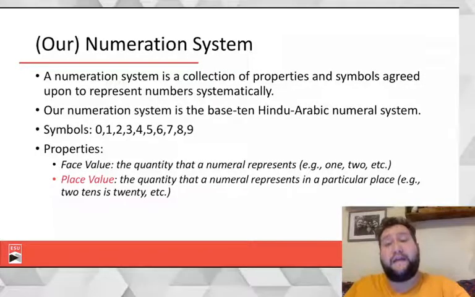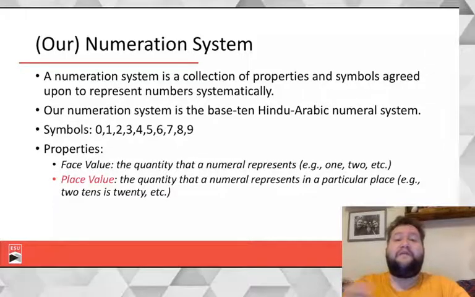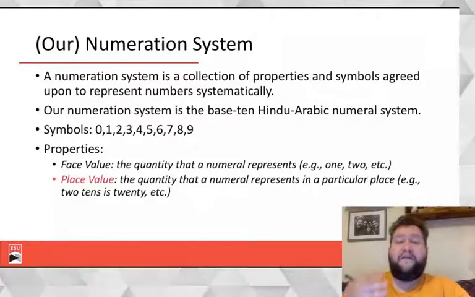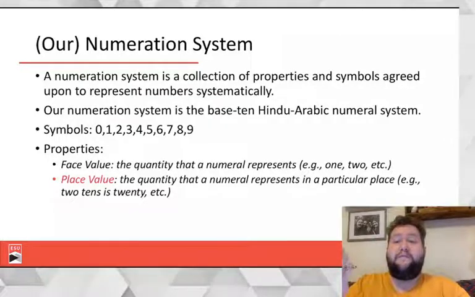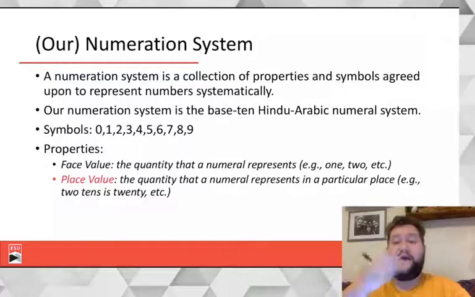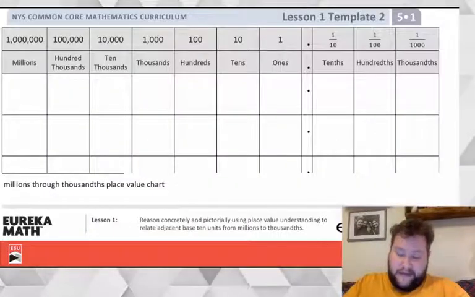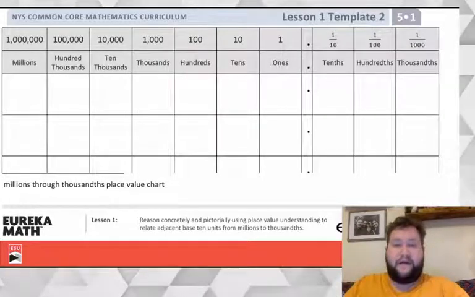But we also have place value. Numbers can have a second meaning, and that is based on its location. Say if we have 2, 0, it's not literally just 2 and 0. It's 2 tens and 0 ones. And so often you'll see something that looks like this, which is a place value chart.